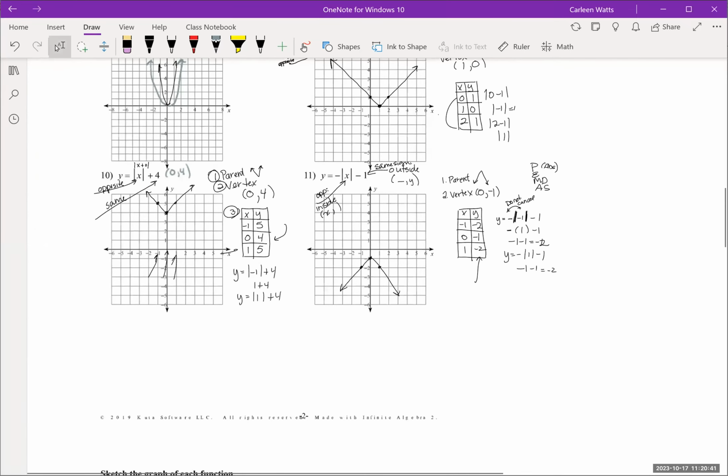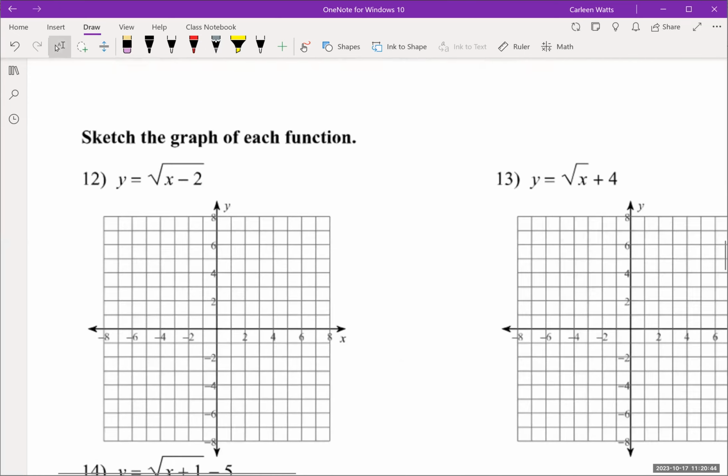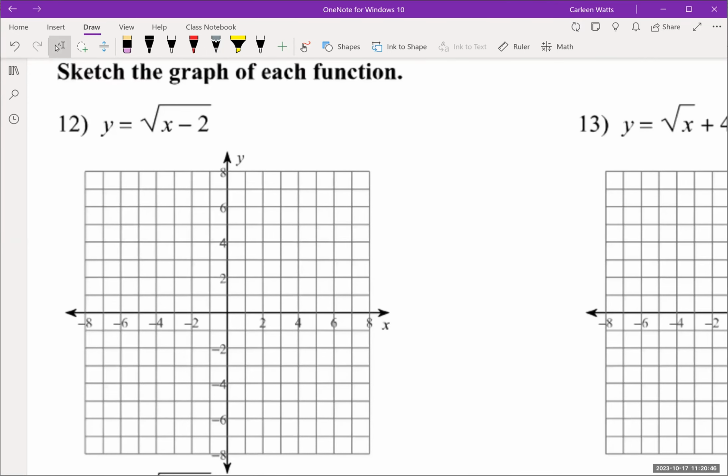Okay. Number 12. Parent graph. Okay, so square root is a sleeping parabola.